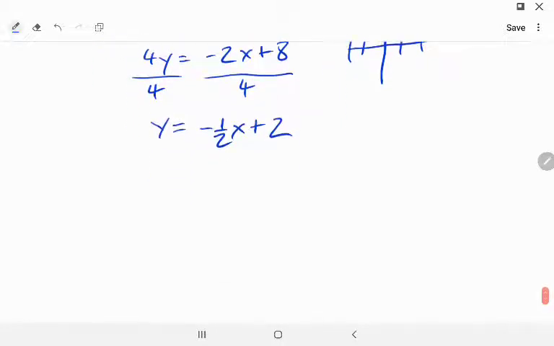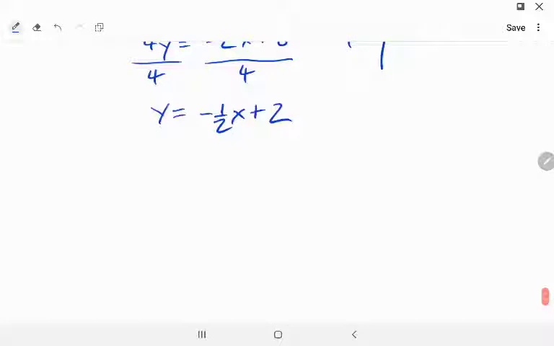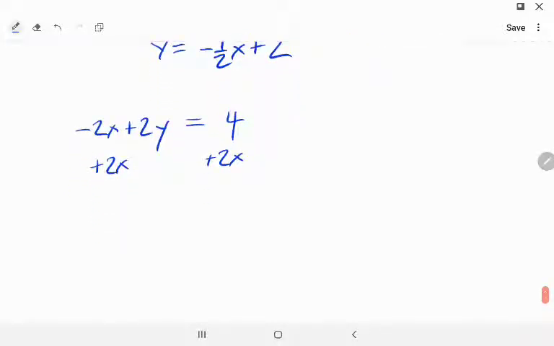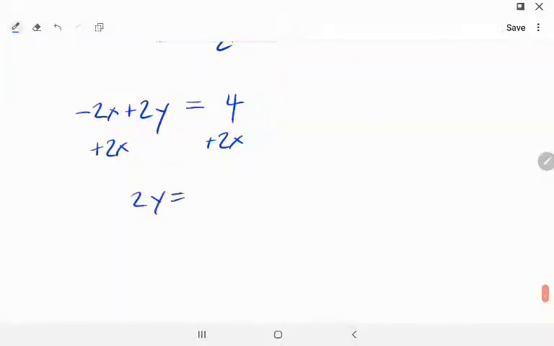We also want to be careful if we had something like, let's make it negative 2x plus 2y equals 4. We notice that we can add the 2x to both sides. We get 2y equals 2x plus 4. We divide by 2.